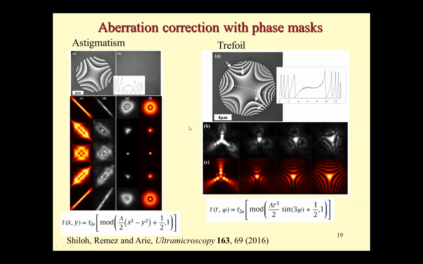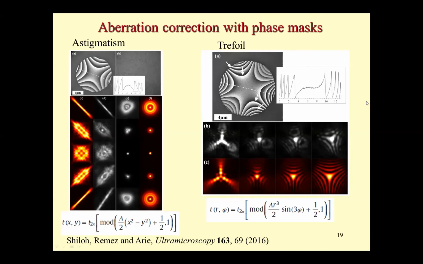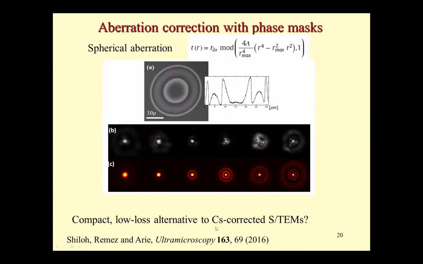And this is a trefoil aberration, okay? And later we also added the spherical aberration. So again, you can see simulations and measurements of how the beam would look like at different z-planes.